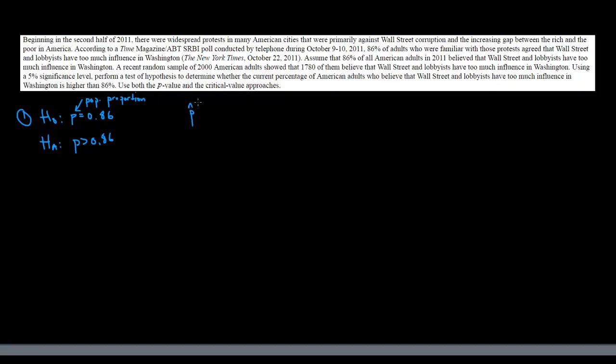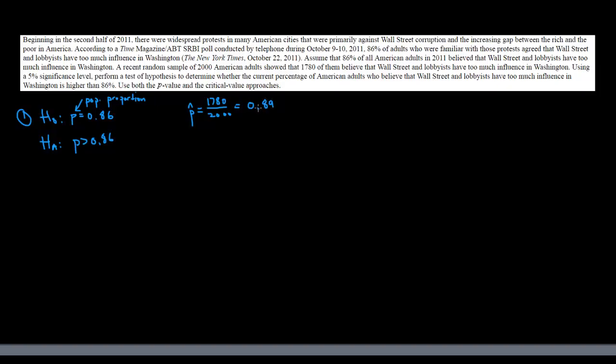P hat is our sample data, and we found that 1,780 out of 2,000 hold that sentiment. So what proportion is 1,780 divided by 2,000? Well, that's 89%.